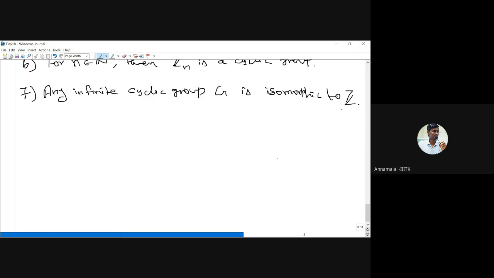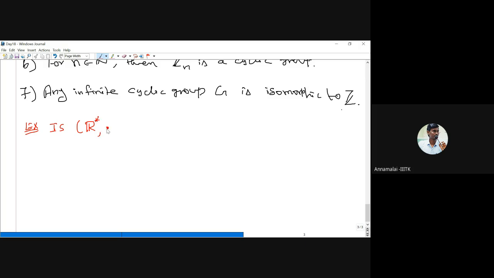So using this theorem, we can easily say whether a group is cyclic or not. Suppose I ask the question: I am taking the non-zero real numbers. So, exercise: is R star cyclic? R star means we remove 0 from the real numbers.